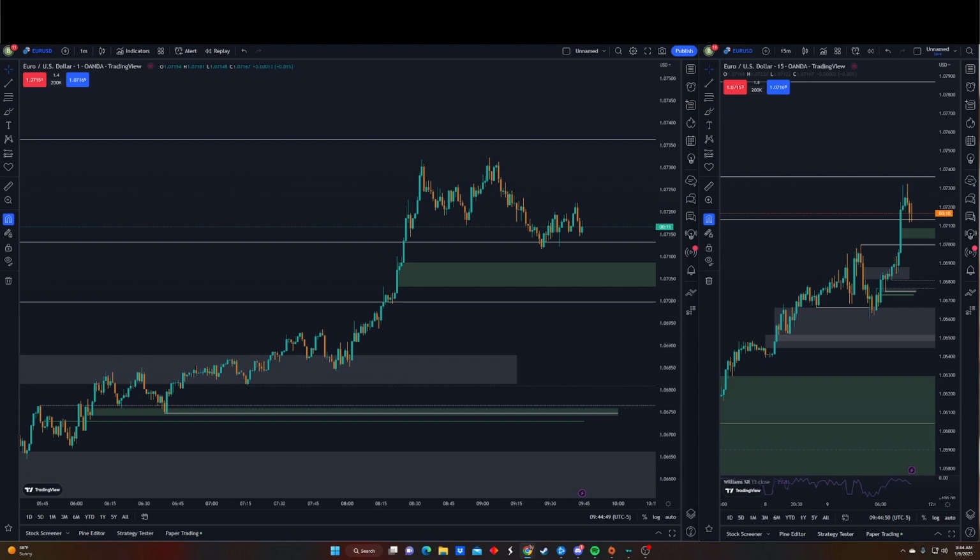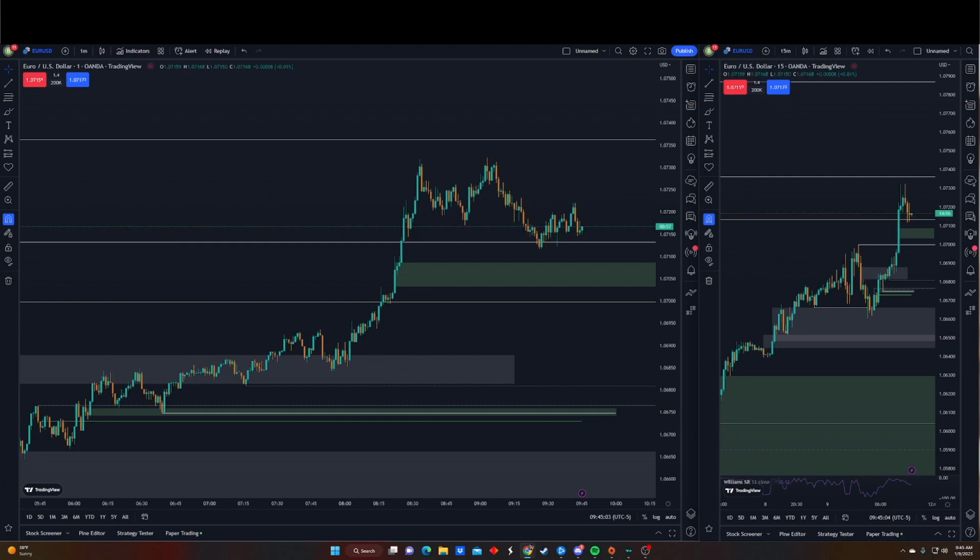This price action is so ugly now. Oh my god. 9:45. Getting closer to 10 cutoff time.